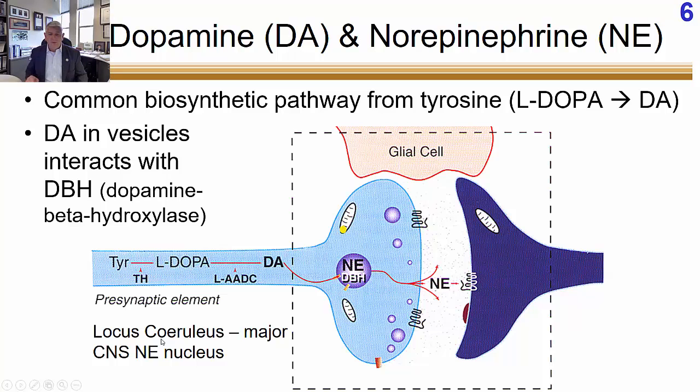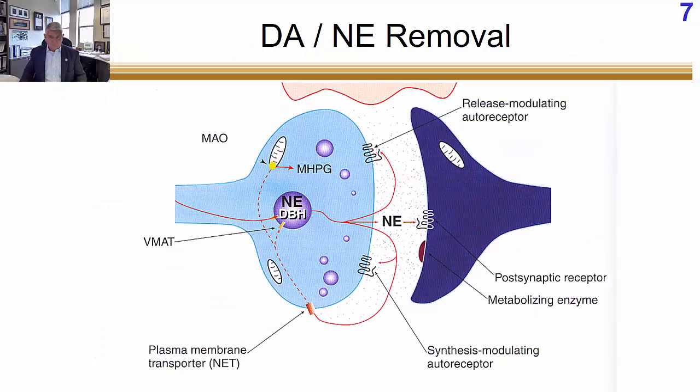Major source of norepinephrine in the brain is the locus coeruleus, long diffuse neurons that go throughout the cortex to induce arousal in the brain. Removal primarily happens through transport, reuptake, and metabolism, a metabolizing enzyme.